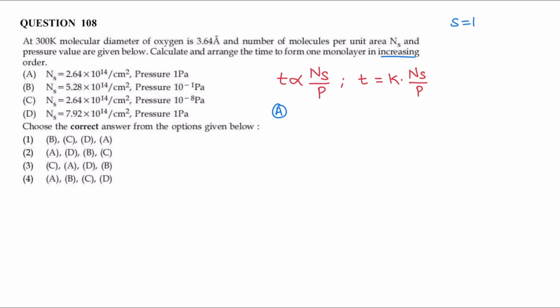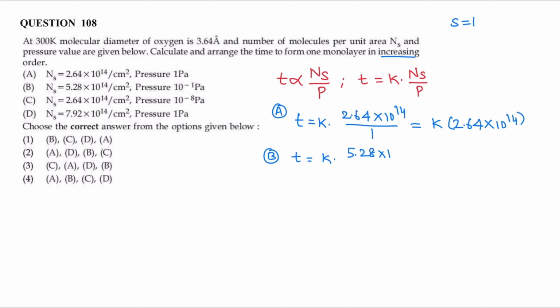Therefore, for option A, T is equal to some constant K into 2.64 into 10 power 14 by 1, as pressure is 1 Pascal. Its value is K into 2.64 into 10 power 14. For option B, T is equal to constant K into 5.28 into 10 power 14 by pressure 10 power minus 1, that is 0.1, so K into 52.8 into 10 power 14.